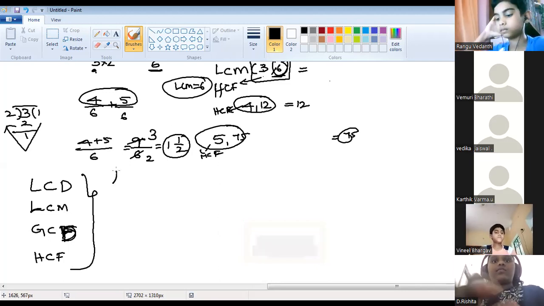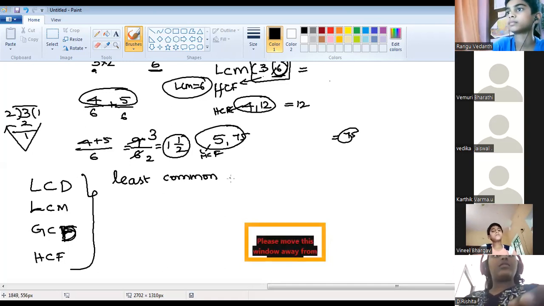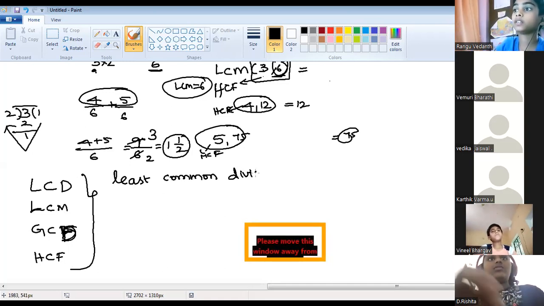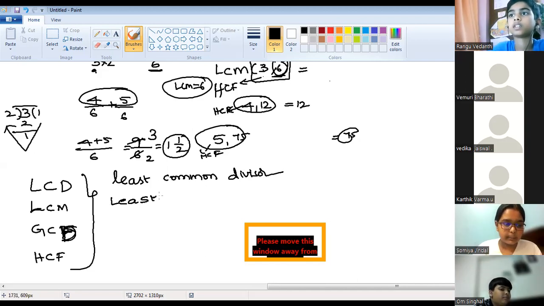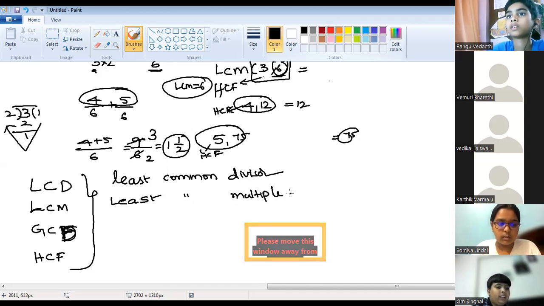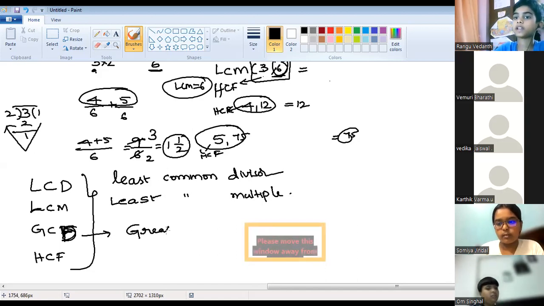LCD means least common denominator. LCM means least common multiple. GCF means greatest common factor, and GCD means greatest common divisor.